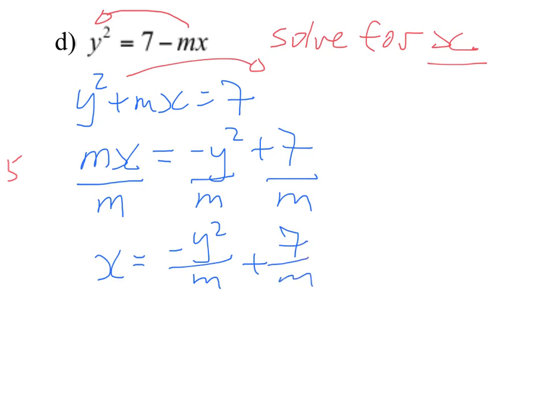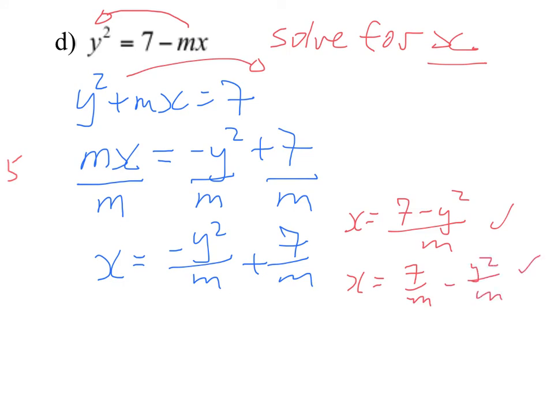Now, depending on how you did this, you might have had x is equal to 7 take away y squared, and you might have had that all over m. That's really the same thing. So that's okay too. Or you might have had x is equal to 7m take away y squared over m.